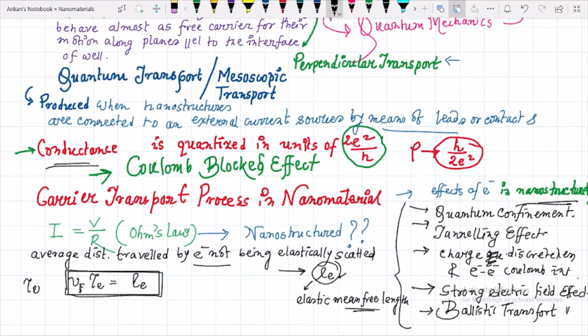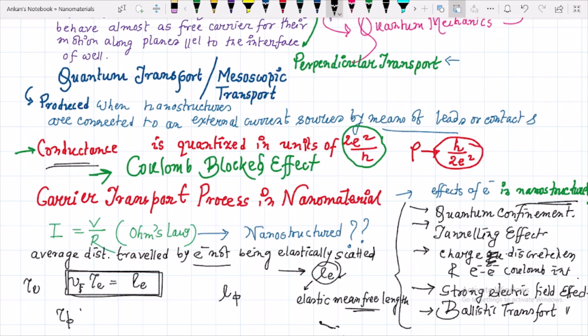The average distance traveled by the electron before its phase is randomized is the phase coherent length, designated as L_phi. Similarly, tau_phi is the dephasing time, after which the phase difference will not be constant but will change.